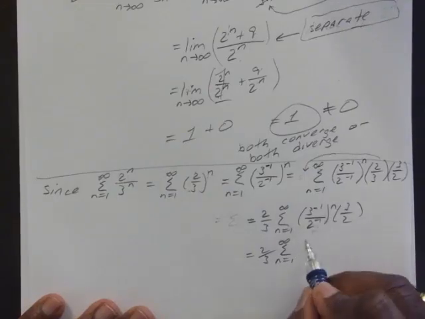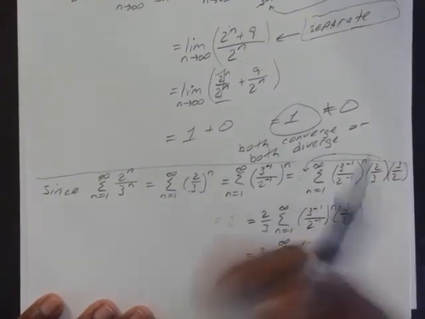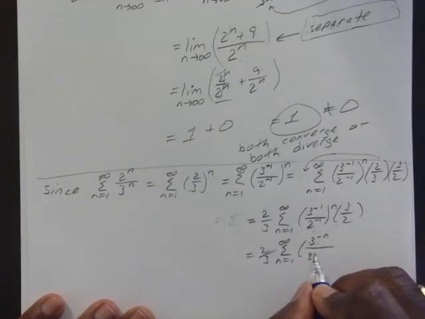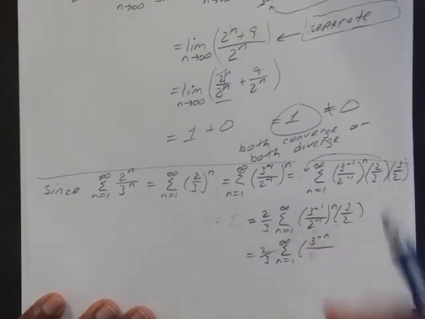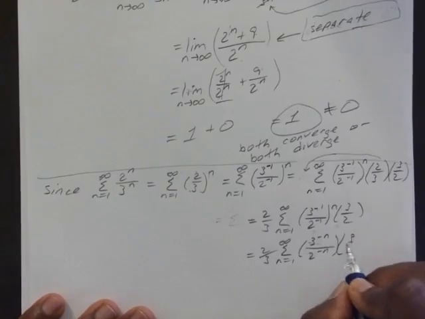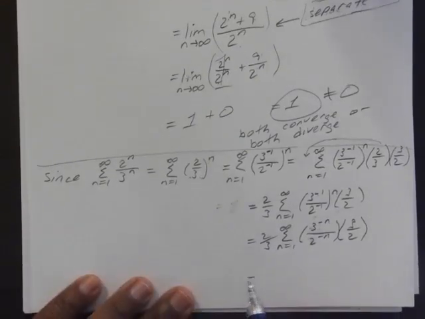If we multiply the exponent, that gives us negative 3 to the power of negative n, divided by 2 to the power of negative n, times 3 divided by 2. I just made extra work. I didn't even realize it till right now, but you'll see it in a second.